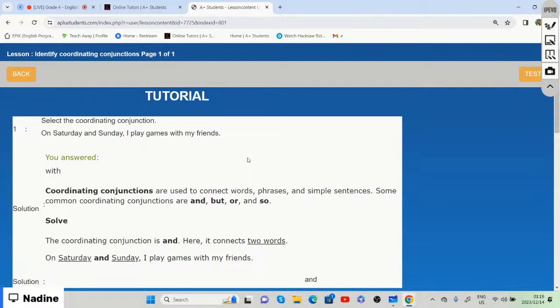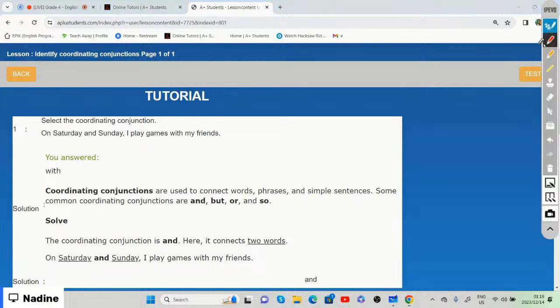The word and is the word that we had to add. So the word and is there to show the coordinating conjunction.